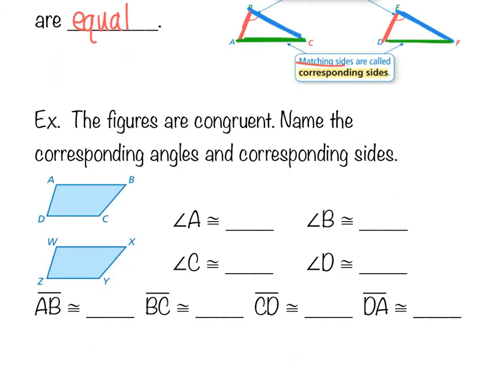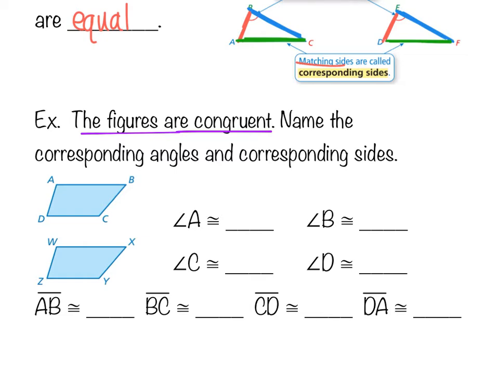In this first example, let's match up all the corresponding angles and the corresponding sides. We've got two trapezoids here, trapezoid ABCD and trapezoid WXYZ. Since they are congruent, we know all the corresponding angles and corresponding side lengths will be congruent to each other, so they'll be equal lengths.